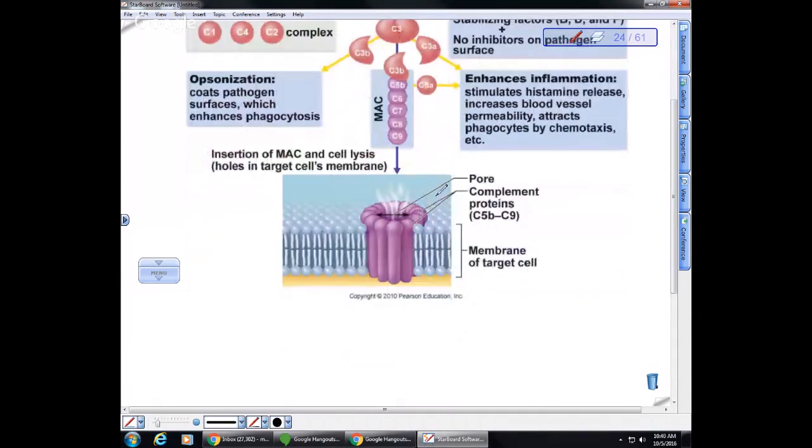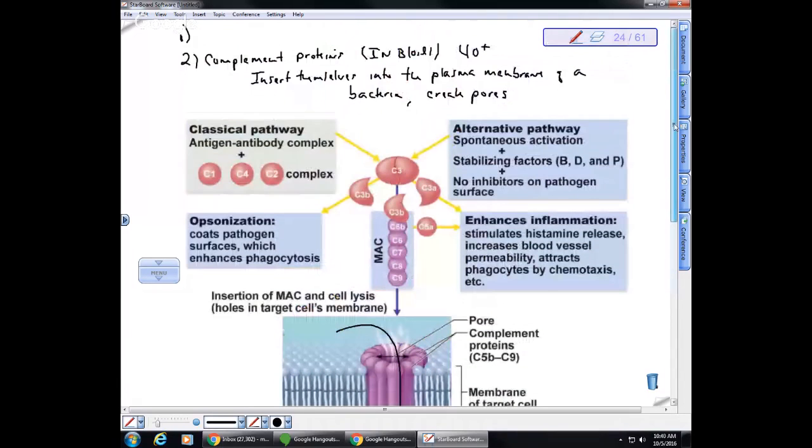It's actually going to cause water to move in, and it eventually causes the bacteria to lyse, right? So bacteria will burst, right? So bursting is called lysis.